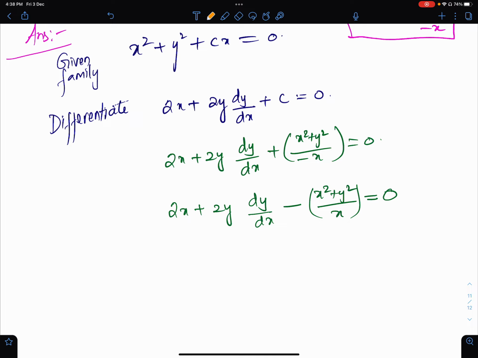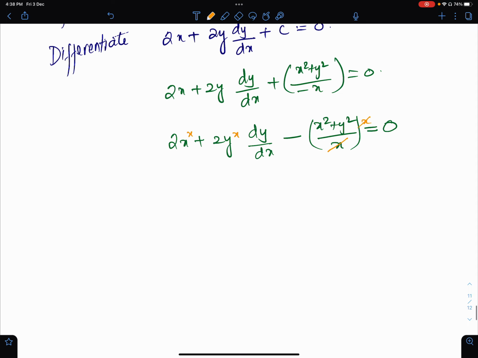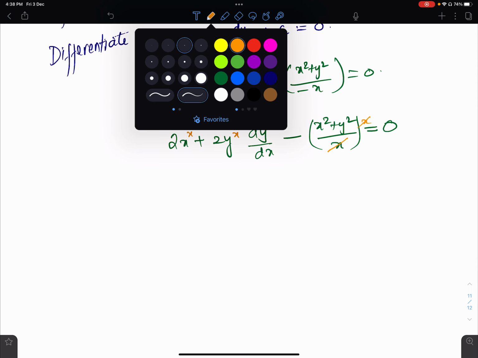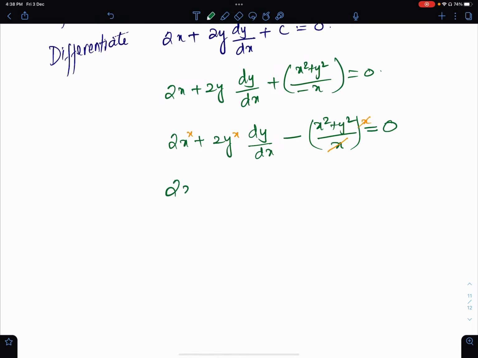Multiply x on both sides, and the x cancels. You get 2x square plus 2xy dy by dx minus x square plus y square equal to 0.